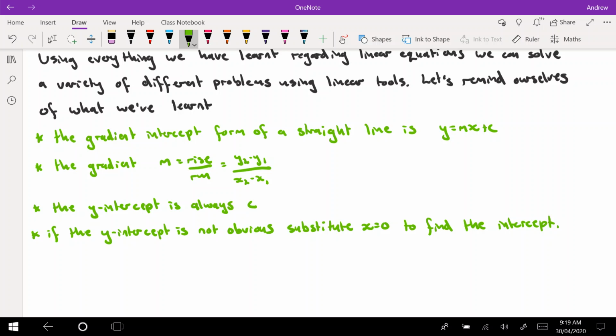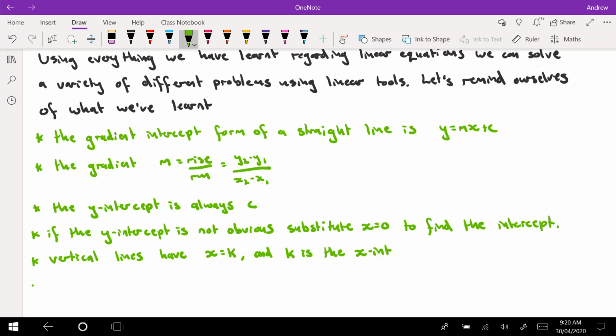Now, there are also two more elements we should probably talk about, and that is vertical lines and horizontal lines. Remember, if we have a vertical line that's just going straight up, which means it's not moving left or right, vertical lines have an equation of x is equal to k, and k is the x-intercept, because it cuts the x-axis at that vertical point. Intercept, I'm just going to write int for intercept because I'm lazy.